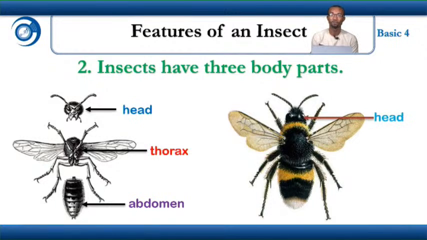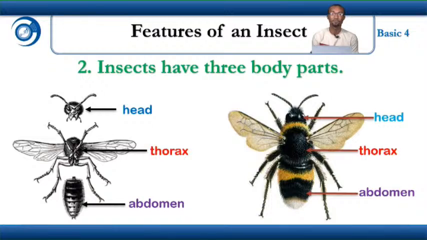This is the head of the bee, the middle part of the bee called the thorax, and the lower part called the abdomen. So insects have 3 body parts: the head, the thorax, and the abdomen.